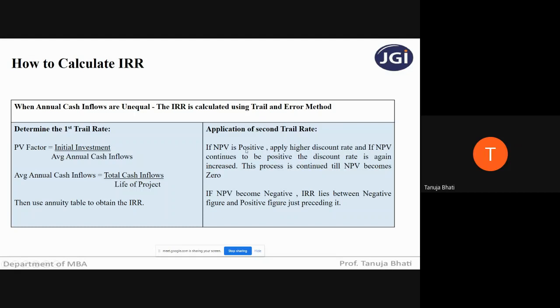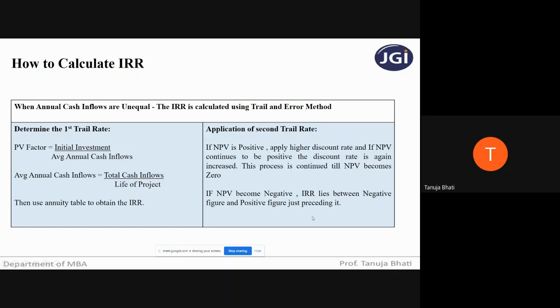Remember students, if for the first trial rate you apply and the answer is positive, keep applying higher rates till you get NPV as 0. Now suppose the answer you are getting is negative, but you want 0. Then IRR lies between the positive figure and the negative figure, just preceding it.